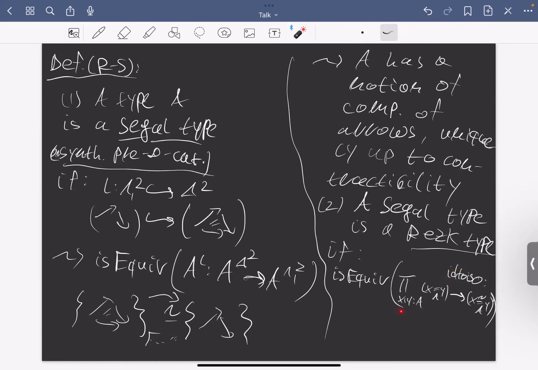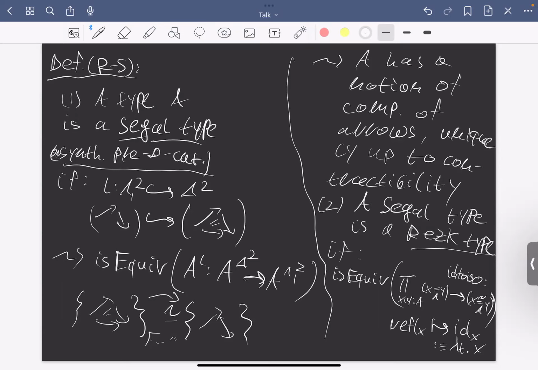It's a term of this pi type here. You define it by path induction by mapping the canonical reflexivity term at x to id of x, where id of x is just the constant map from the interval into A that constantly gives x.